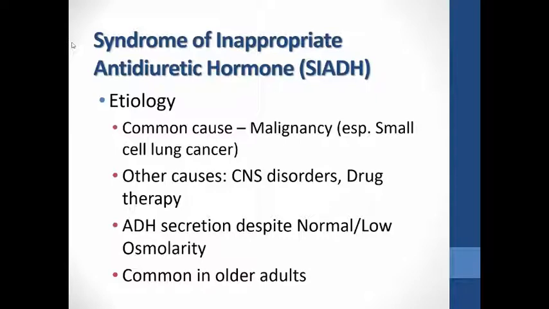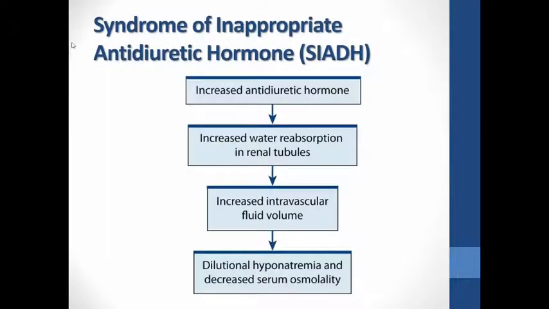Syndrome of inappropriate ADH is that you have an increase in antidiuretic hormone, an increase in water reabsorption in the renal tubules, an increase in intravascular volume, a dilutional presence in terms of sodium, and subsequently a decreased serum osmolality.